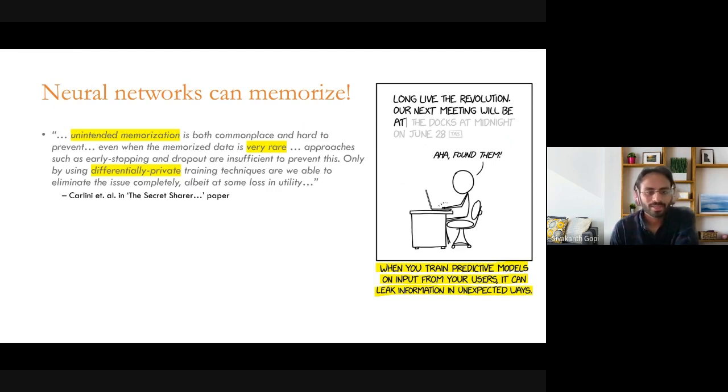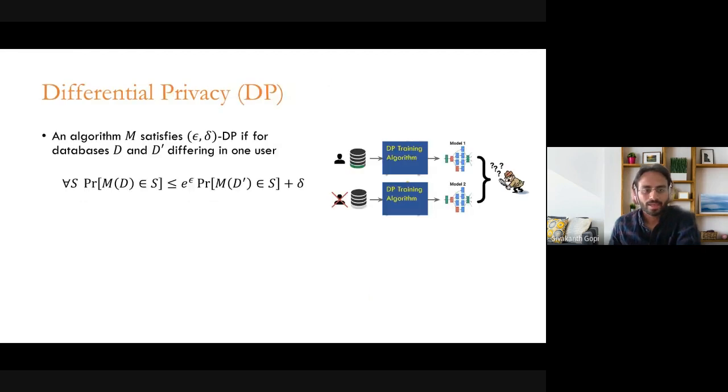There's this paper by Carlini et al. where they say that unintended memorization is almost unavoidable, and differential privacy is almost the only technique they know which led to solving this issue, although it loses in utility. Okay, so we don't really have many other methods to train neural networks in a private way. So this is an important problem: how do we train neural networks using differential privacy.